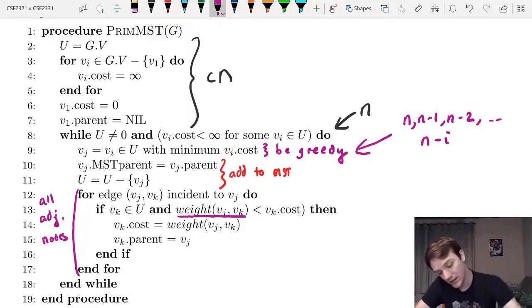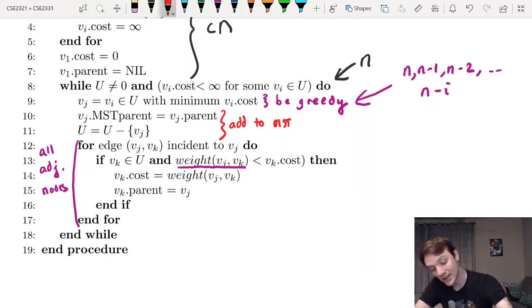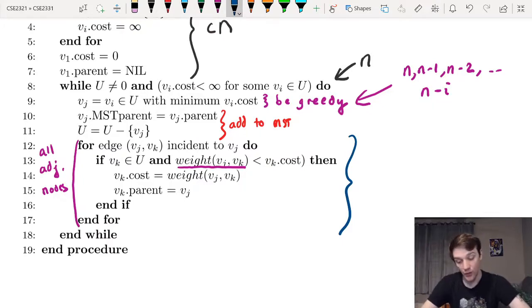Now, let us check out this part here. You might remember that if you're checking all of the vertices adjacent to a particular vertex, all of the edges that are incident, that is the degree of the vertex.